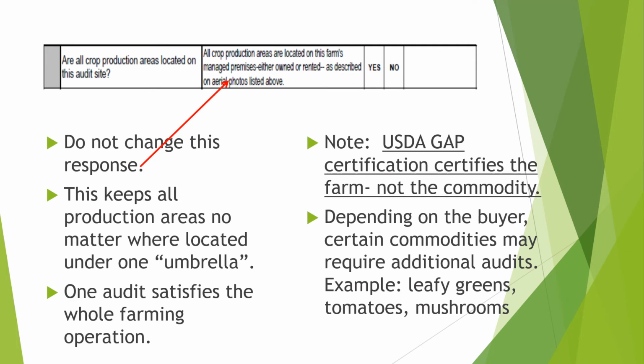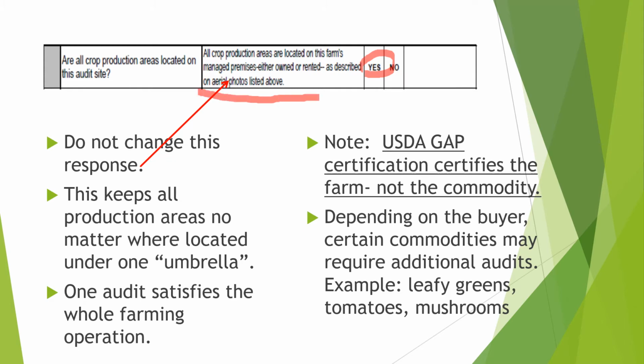The question posed on this written response template to the very left: are all crop production areas located on this audit site? You're going to circle yes. Your response is going to be, all crop production areas are located on this farm's managed premises, either owned or rented as described on the aerial photos listed above.